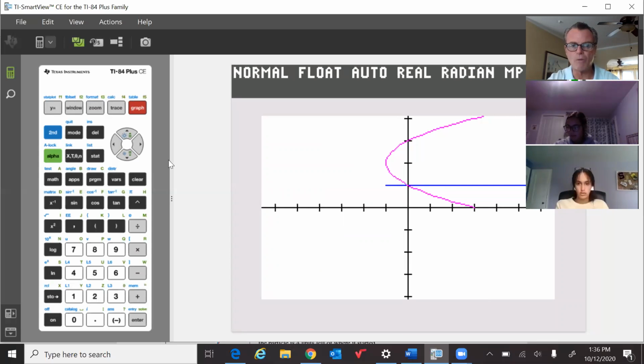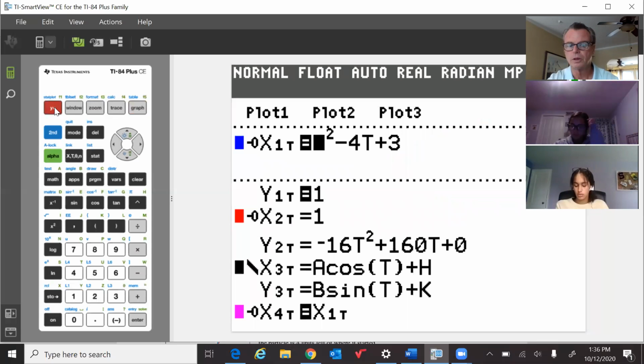So that's helpful. I think it's helpful. The actual path of the particle is the blue graph. Okay, but that purple graph kind of tells you where it's been. Now, there are questions here.